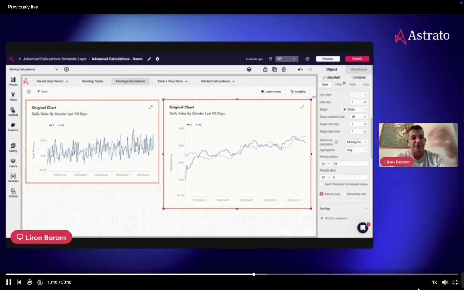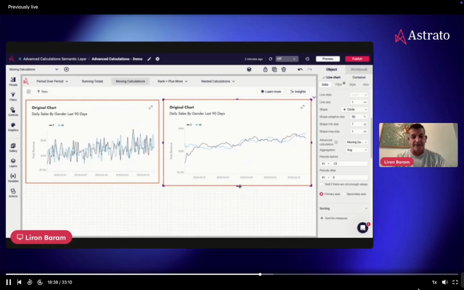So by performing this moving average, I'm actually able to see the trend without the noise of outliers and read the chart and find some insight. And now I know that I need to focus and see why my female customers are declining and what can I do to improve this situation, and on the other hand maintain the growth of my male customer population.